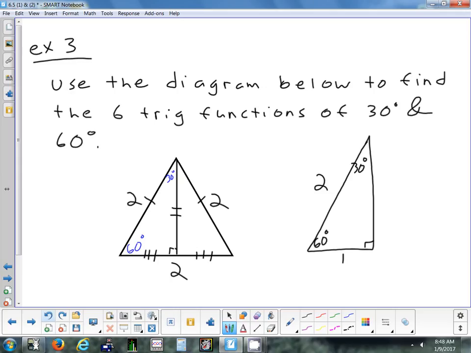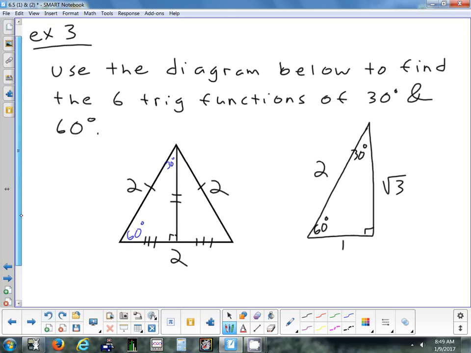And now, how could I get the height? Yeah, Josh? I could use the Pythagorean theorem. Does anybody know what the height will come out to here? Yeah, it's the square root of 3. So now, just by using a little bit of geometry and Pythagorean theorem, we have an accurate drawing of a 30, 60, 90 right triangle, which will allow us to do what they want.